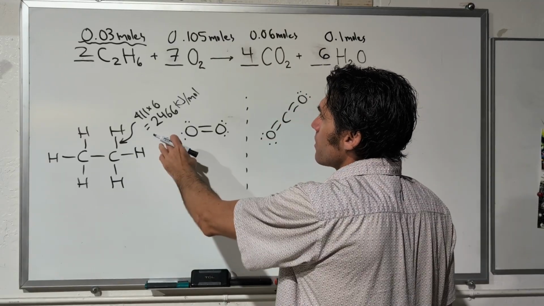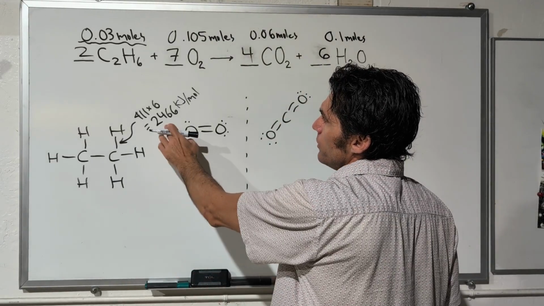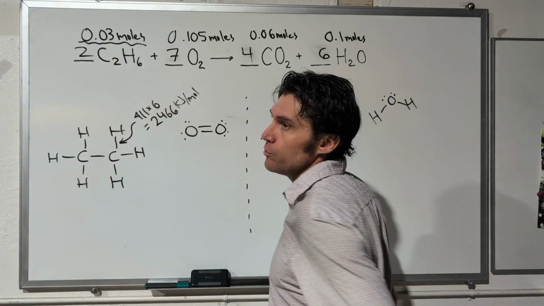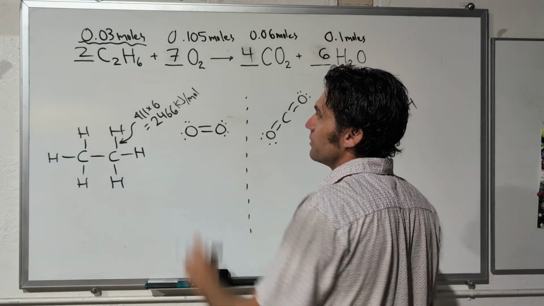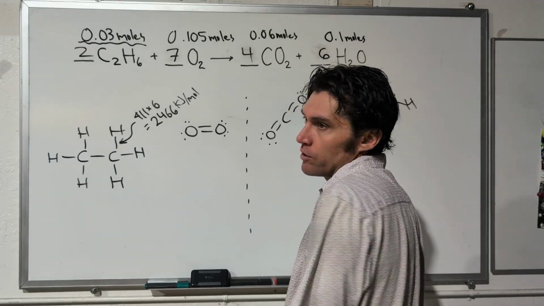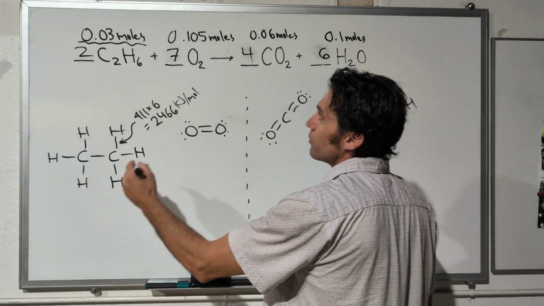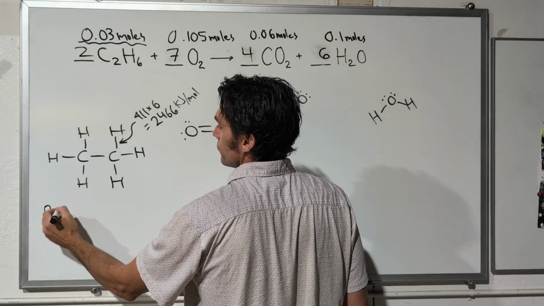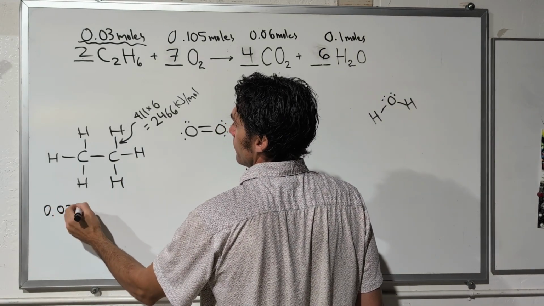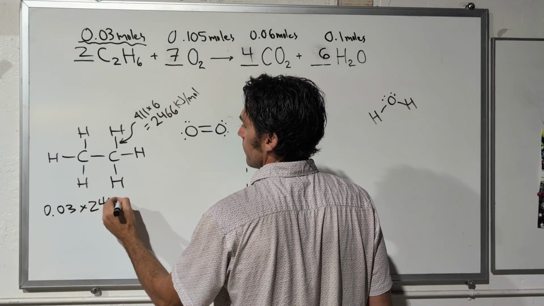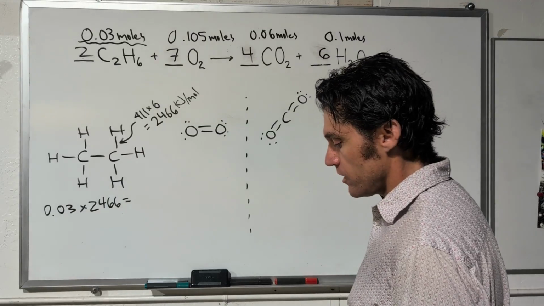So the amount of energy it takes to break up how many C2H6 molecules we got is actually going to be less than this. It's the same math as before, the Nickelback math. So we're going to do 0.03 times 2,466, and that's going to be less.